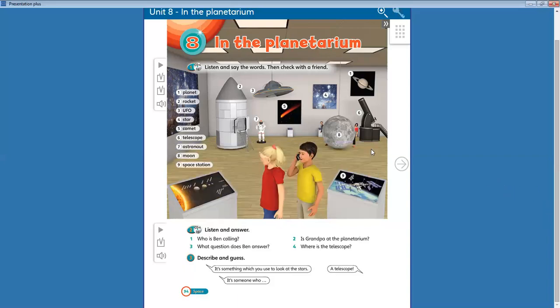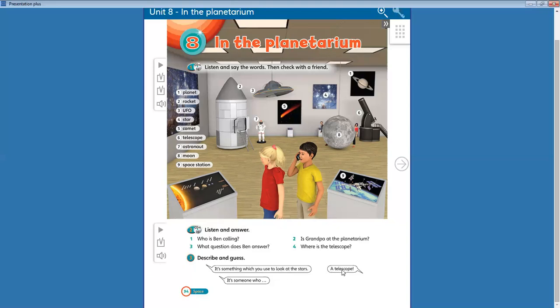I hope you understand this audio and you are able to answer these questions. Now for the third exercise. We have to play a small describing game. Look at this example. It's something which you use to look at the stars. What is this?